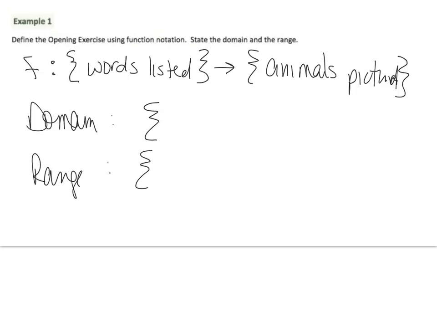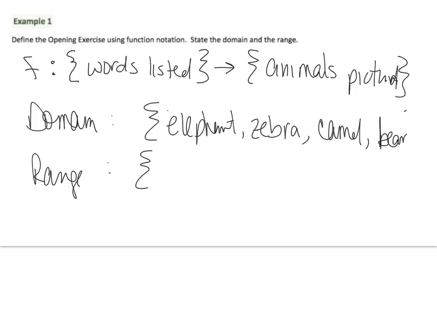The domain is the words elephant, zebra, camel and bear, polar bear to be exact.